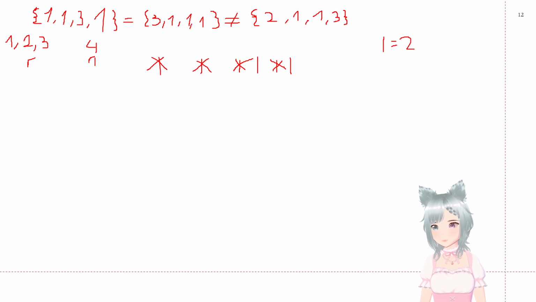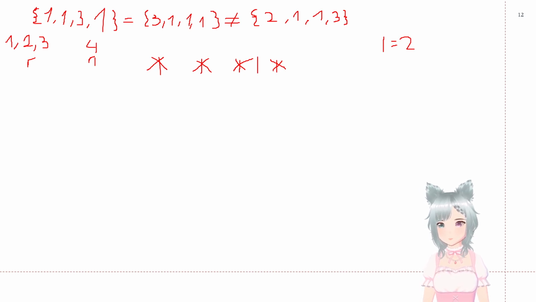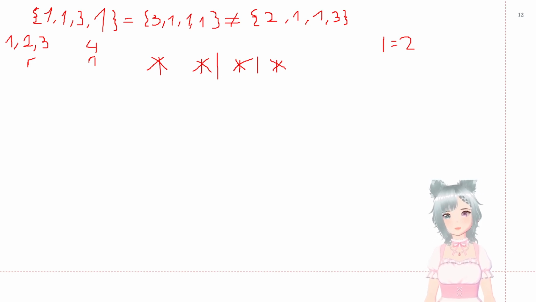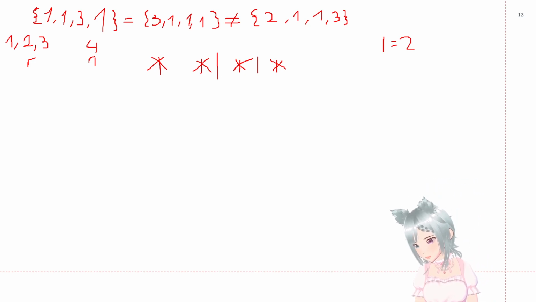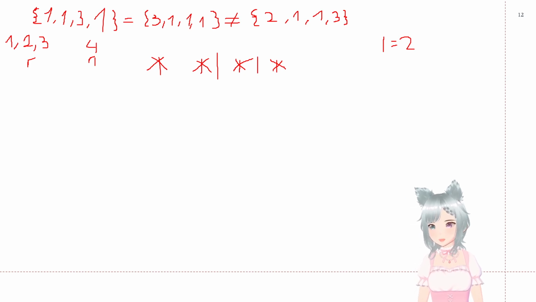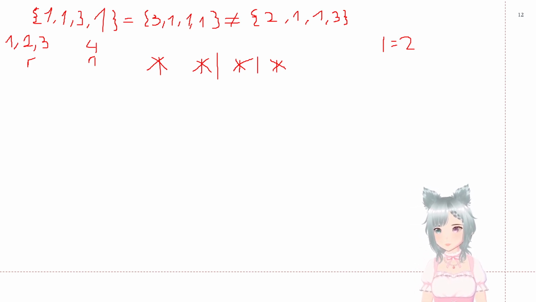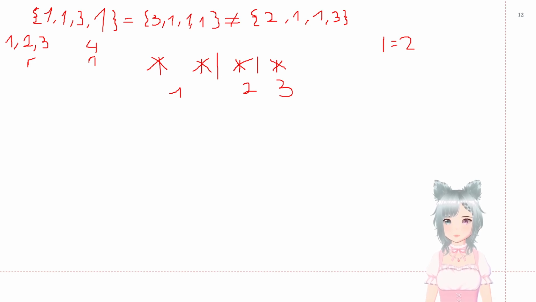Or let's say, for beginners, we put one bracket here and one bracket here. Now you can see the 3 different parts that we actually created, because we created 3 different parts for our 3 different numbers. So the first part is the 1, then the second part is the 2, and the third part is the 3.